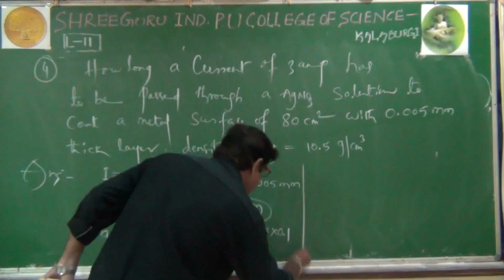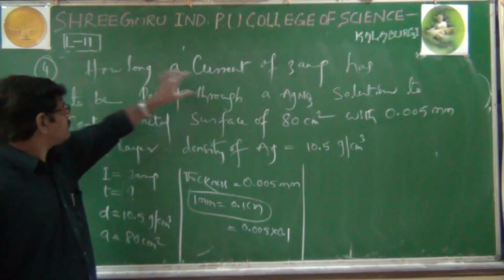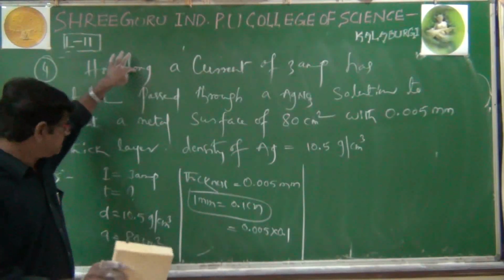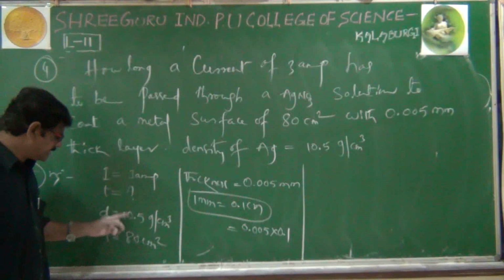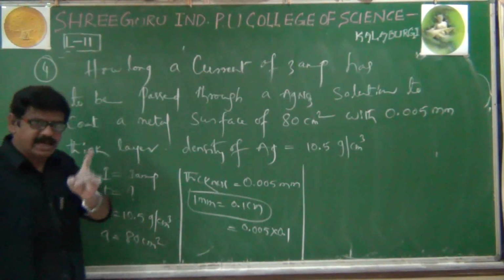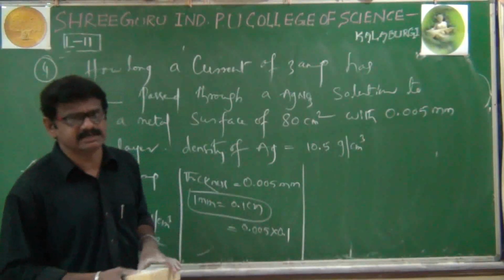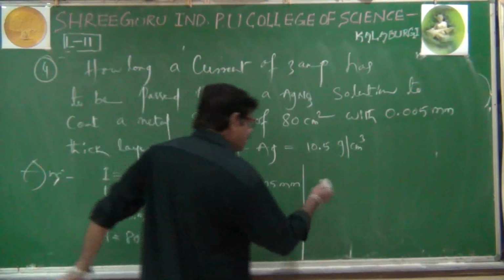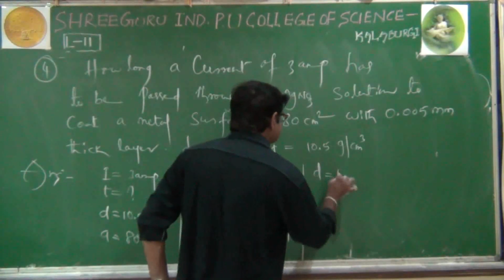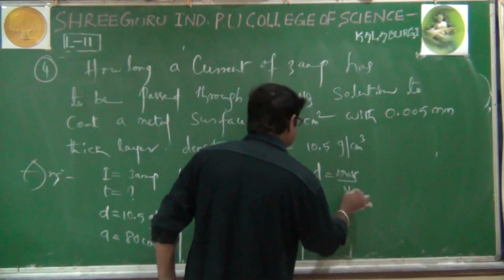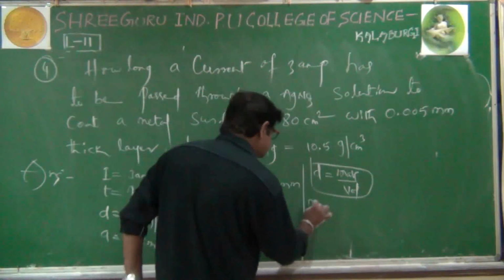Okay. Next, we'll find first, because it is asking time. Time means current is already known, and density and area are also known. We have to know the mass of the substance. Without mass, we cannot calculate time. How are we getting this? Our regular formula is there. Density is equal to mass by volume. Then mass will come to the LHS.